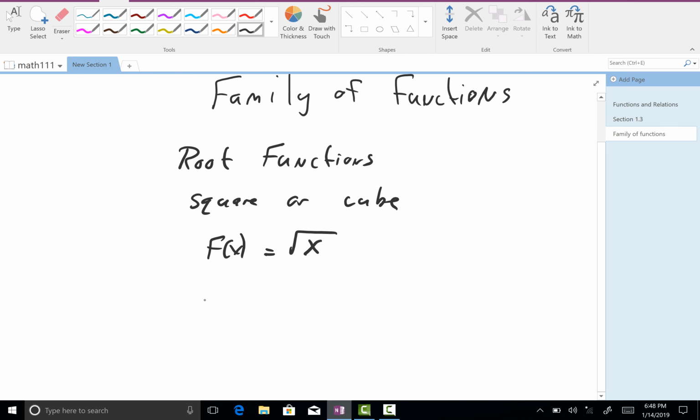And if we were to continue on with all the different root functions, you'd see that the even ones are going to look like this, and the odd ones are going to look like this. Because if you take an odd root of a negative number, you can do that, right? You can't take the square root of a negative. Okay?